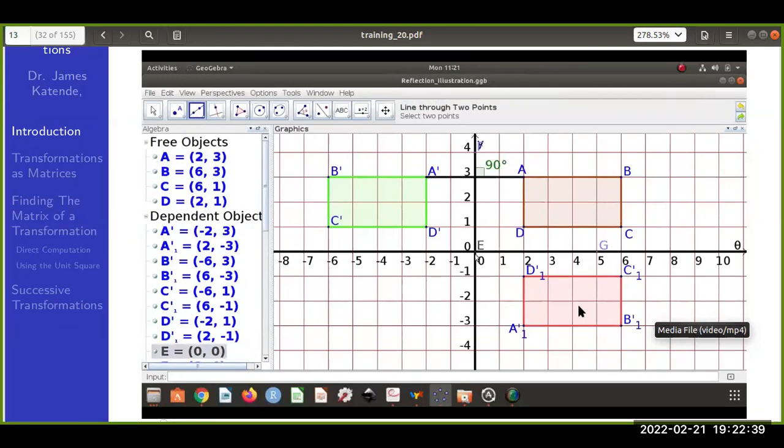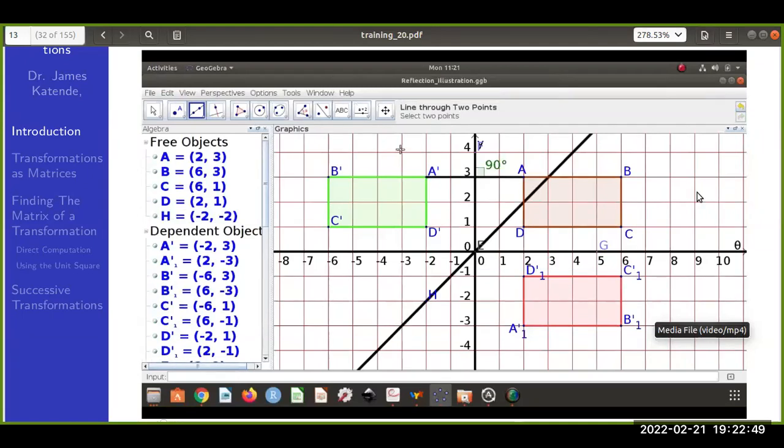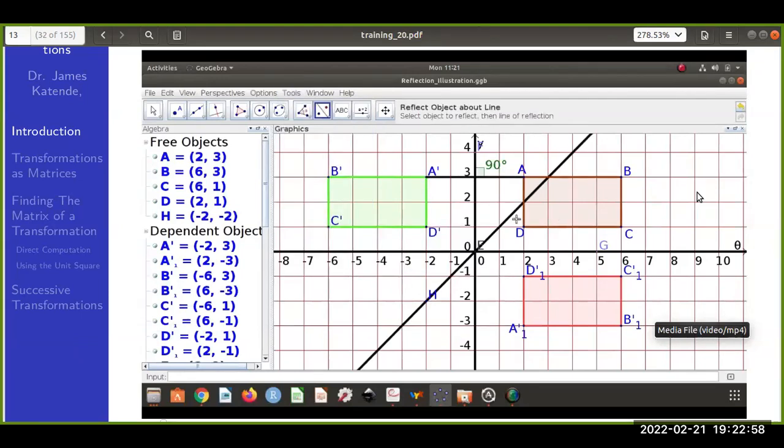So we do the reflection along the line y is equal to x. We first draw the line, then we perform the reflection. We need to click on the menu tools, go to transformation tools, reflect object about line, pick the object, and then click on the line, and you can see the image.